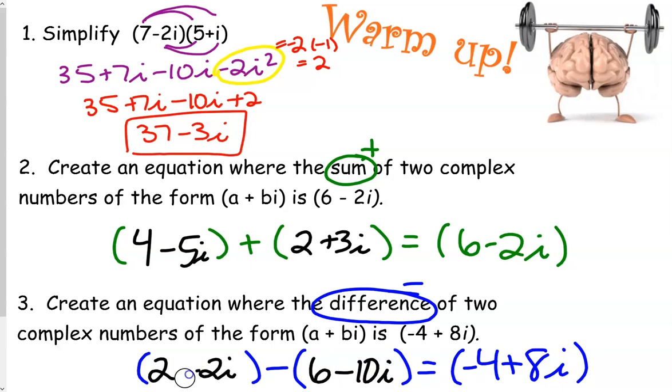Oops, I'm going to change this to a negative. There we go. Negative 2 minus negative 10 is negative 2 plus 10, which gives me that positive 8. So make sure yours work out just the same way I just did.